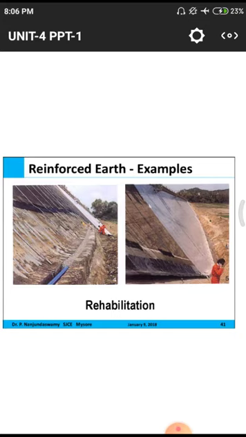After a huge amount of disturbance has occurred to the structure due to these cracks and other serviceability conditions, in those cases we definitely choose rehabilitation methods.